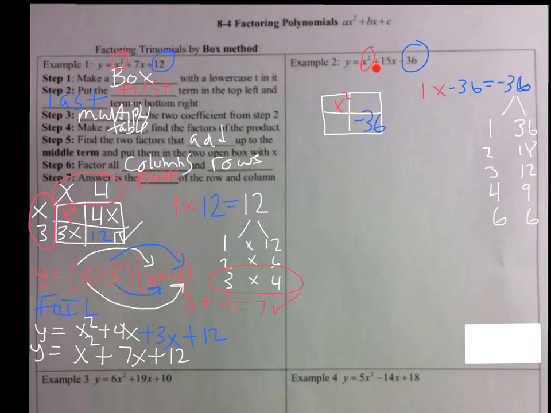And I made a mistake. This is not supposed to be a 15, it's supposed to be a 16. So it's supposed to be a 16x. That was my fault. I wrote it really quick, and I must have made a mistake that I didn't see.